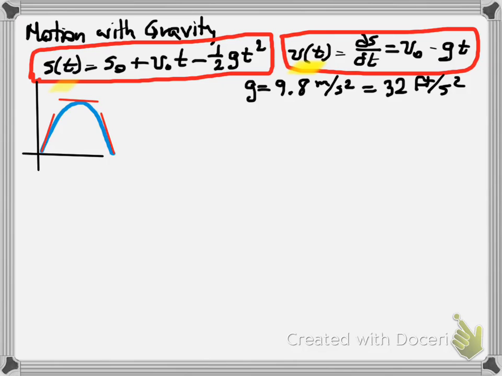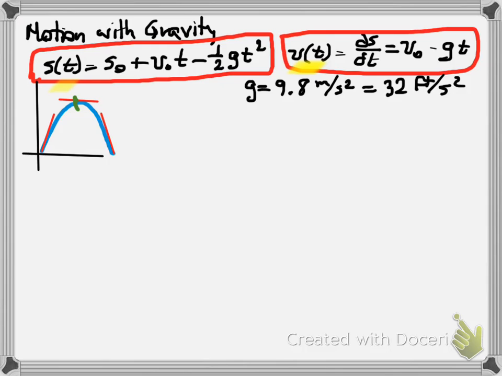The slope is negative when it's going down. So you can realize easily that the maximum height will be at this particular point when the slope is 0, because that's when it stops and then starts going down. That's the maximum height of that particular object that is going up.